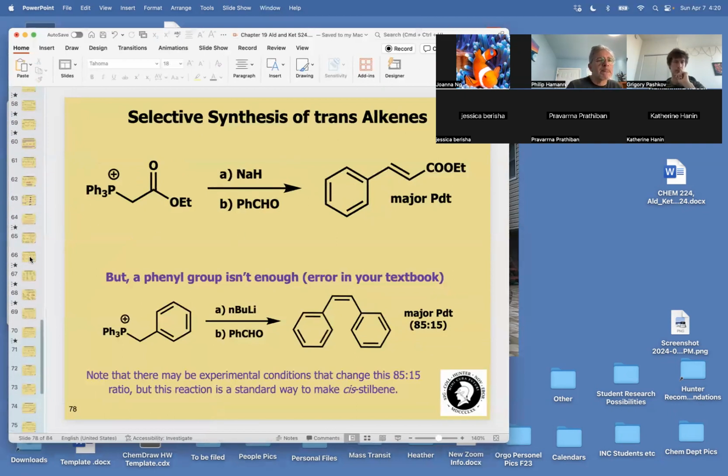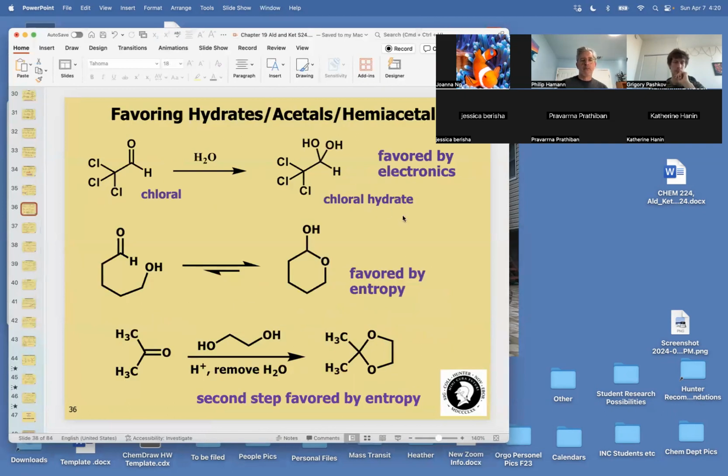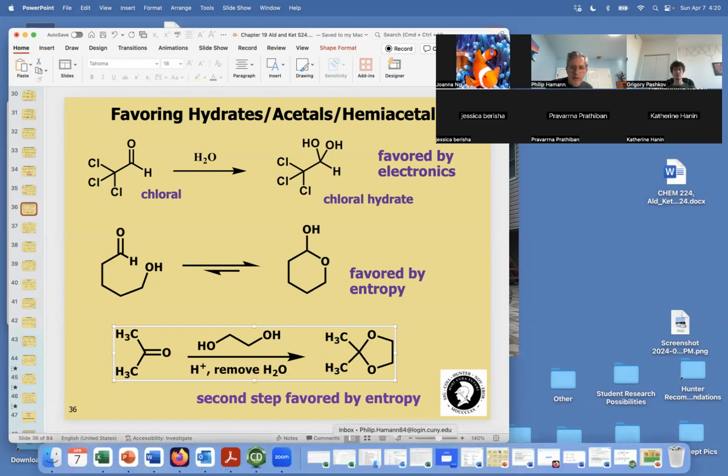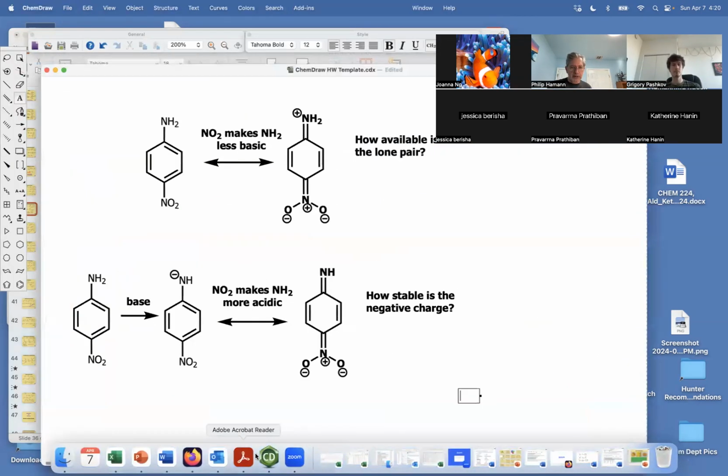Which slide? Slide 36. It's specifically the third one, and I was going over it, but I am having a hard time understanding why the second step is favored by entropy. Let me draw a structure for you. I think it'll make it clear.